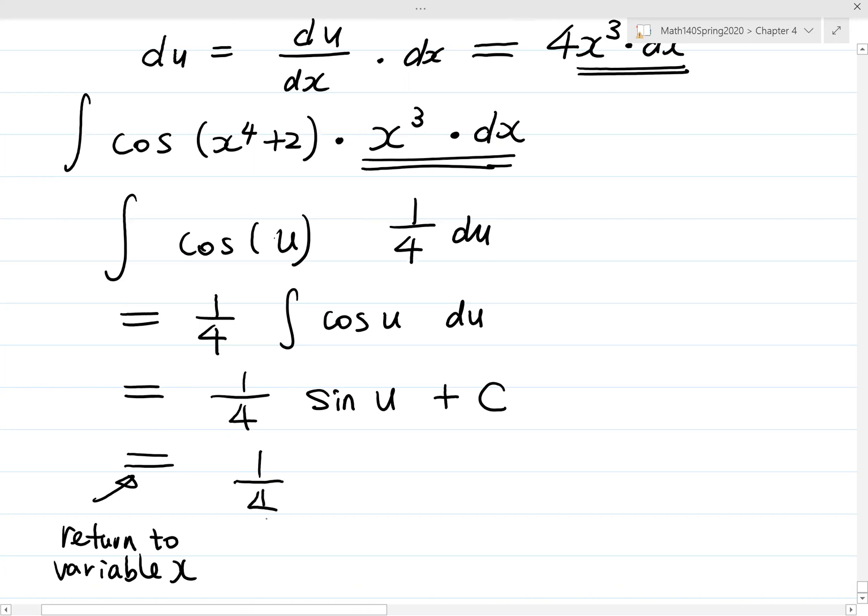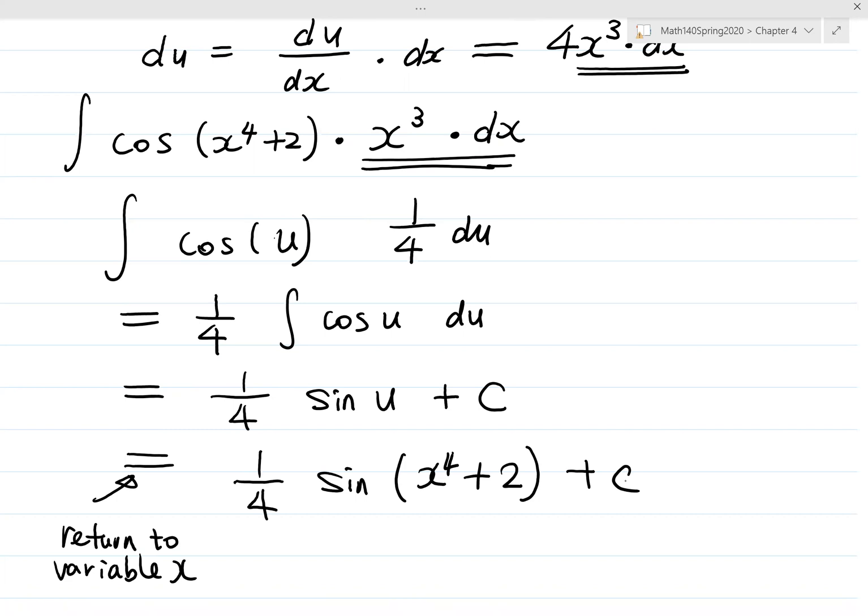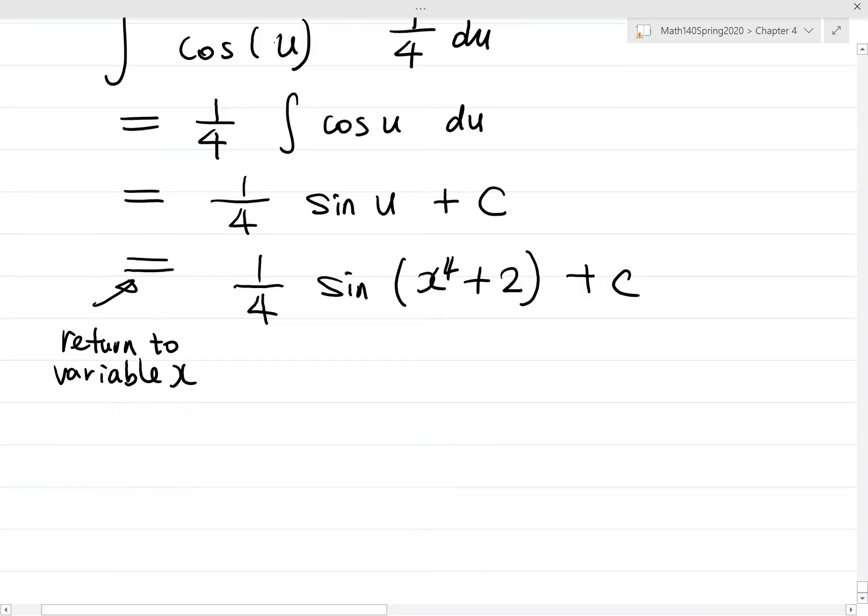So 1/4 sine u is 1/4 sine of x to the power 4 plus 2, plus c. Then we are done with this problem. You can check this answer using differentiation.